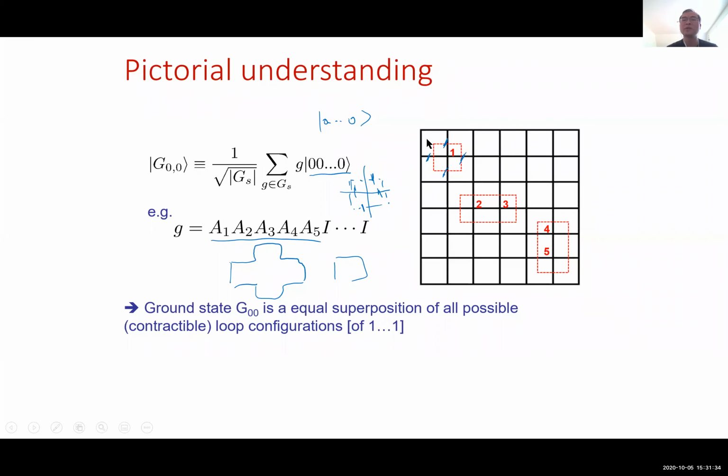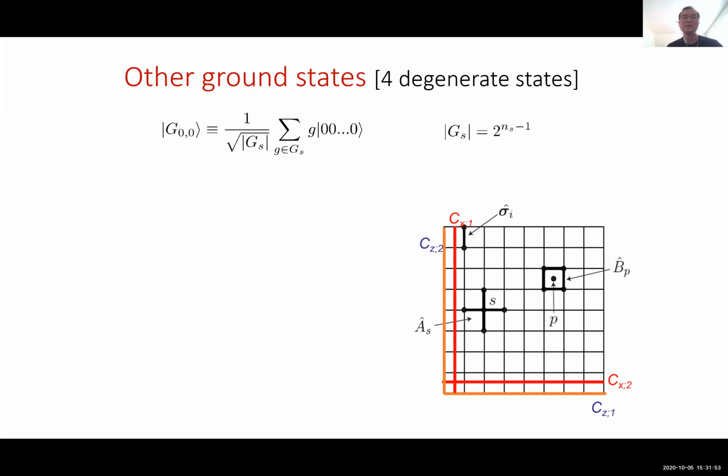Remember, we talked about that we cannot form a big circle using just the stabilizer operator. So it is a sum of all possible configurations of ones that form loops. Okay, so that's the intuitive understanding of this exact ground state.